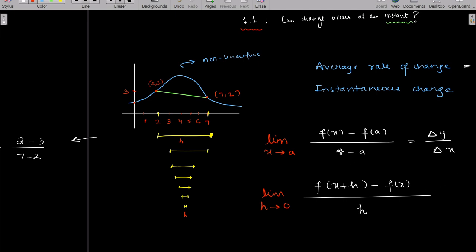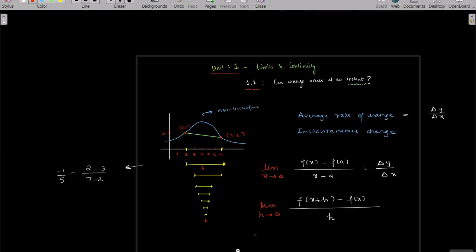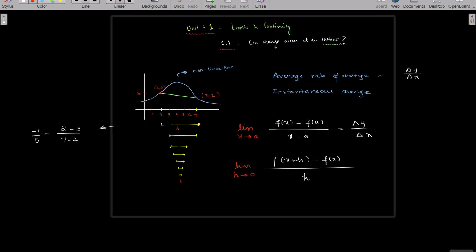So x will tend to become a but not become exactly equal to a. That's your concept of limit, and this is your instantaneous change, the change that is happening at an instant.